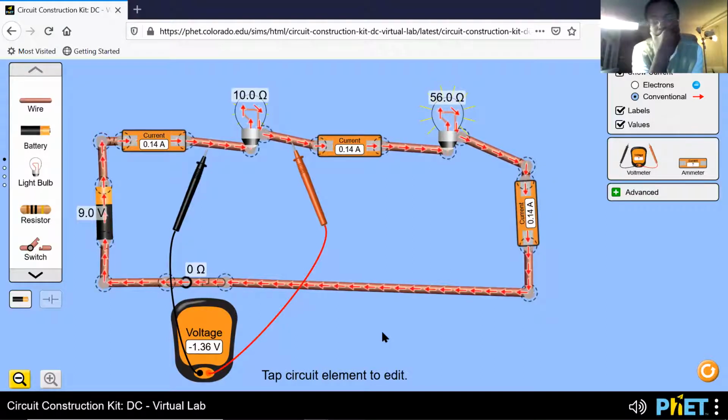Here they're rounding, okay? The resistance is 10 times the current, 0.14, and you get 1.36, so 1.4, right?